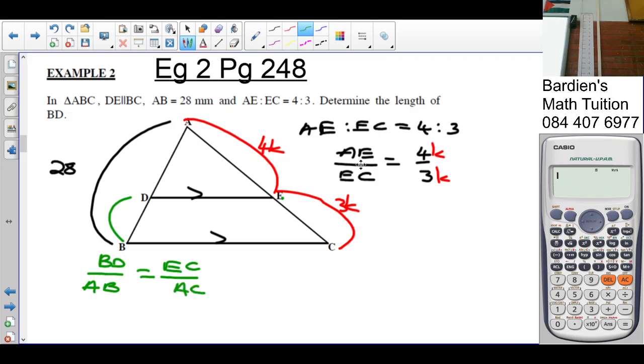You guys understand? And what's the reason here? The proportionality theorem, with DE being parallel to BC.